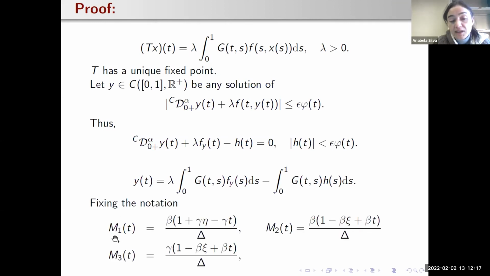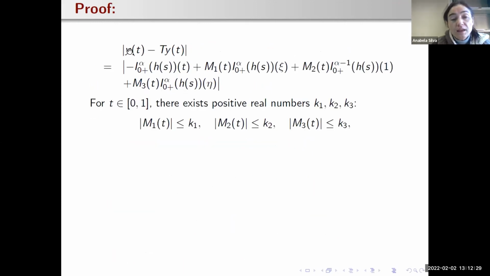We fix the notation M1, M2, M3, which are the constants that appear in the solution when we write the solution in terms of the Riemann-Liouville integral. And we calculate the distance between y and Ty. We obtain that expression, and we impose the conditions that M1, M2, and M3 are positive. Of course, they are positive.